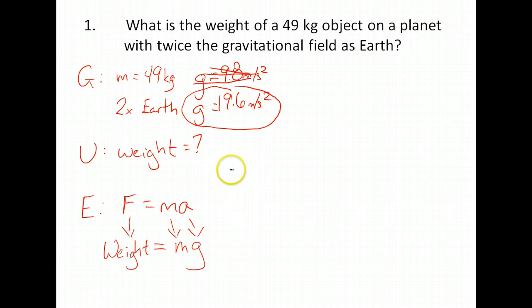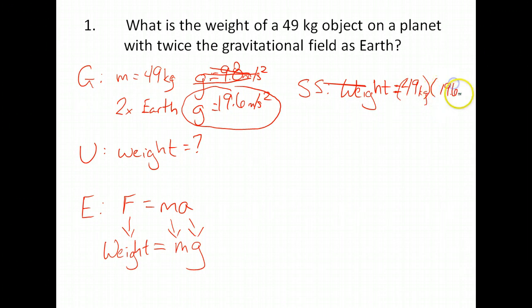So let's then substitute and solve this problem. And we'll do that right here. Substitute in some numbers. Well, we don't know weight. We're looking for weight. We have the mass. The mass is 49 kilograms. So equals 49 kilograms times the acceleration, in this case, is 19.6 meters per second squared.